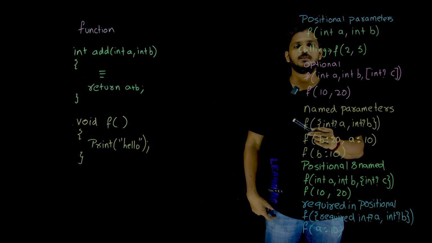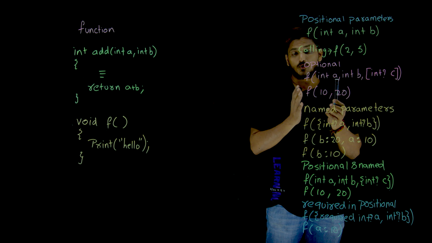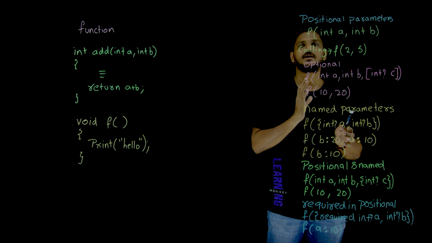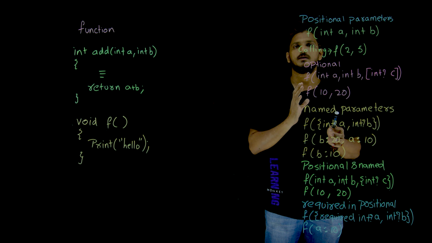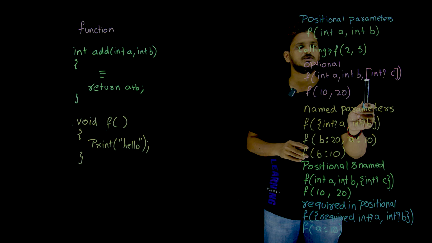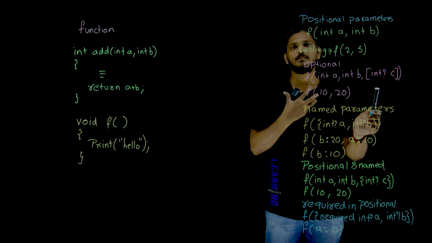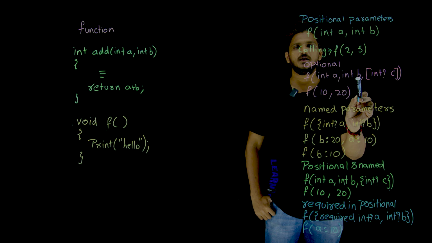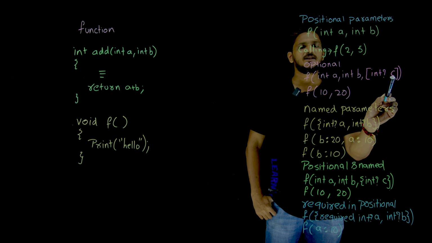Optional parameters: if you want to make any positional parameters optional, you have to use square brackets in order to make them optional parameters. With an example you will get clarity: f(int a, int b, [int c]).